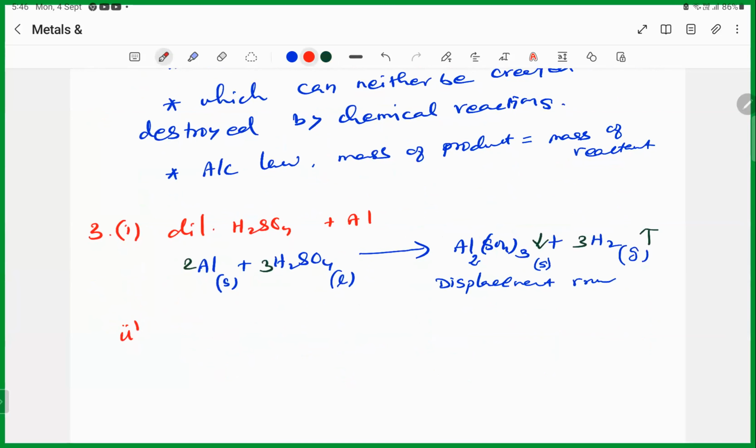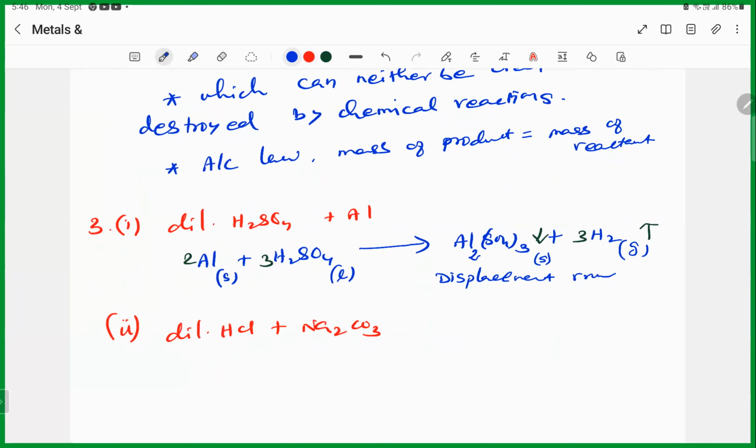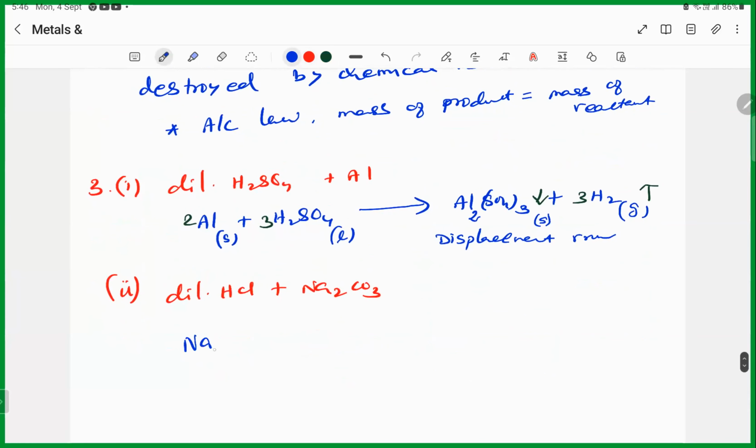And then second one is dilute hydrochloric acid reacting with sodium carbonate. Can anyone tell that equation? Sodium chloride, sodium carbonate. Sodium chloride. Then plus water plus carbon dioxide.